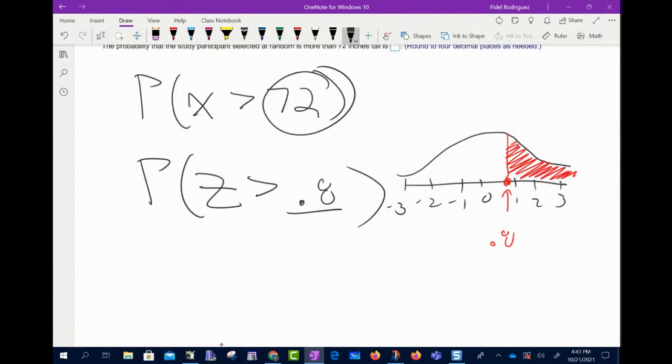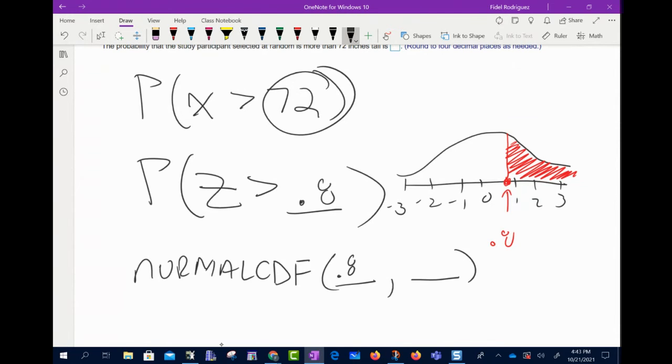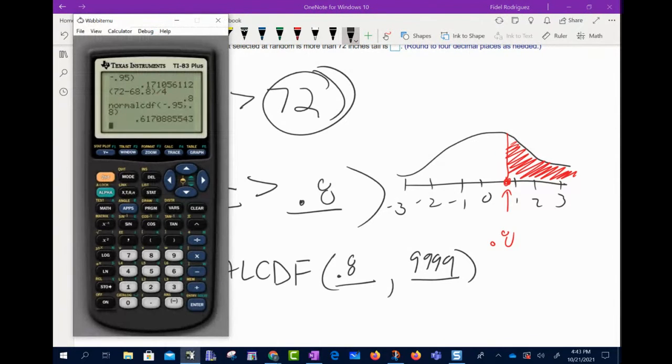So again, one more time, when we use our normal CDF, anybody know what my lower limit is now, now that we've done a few of them? Anybody know what's the first number I'm going to use right here? And my second number? You're going to use the 0.8, and then 9999 is the upper. You got it. Take it away. Very good.